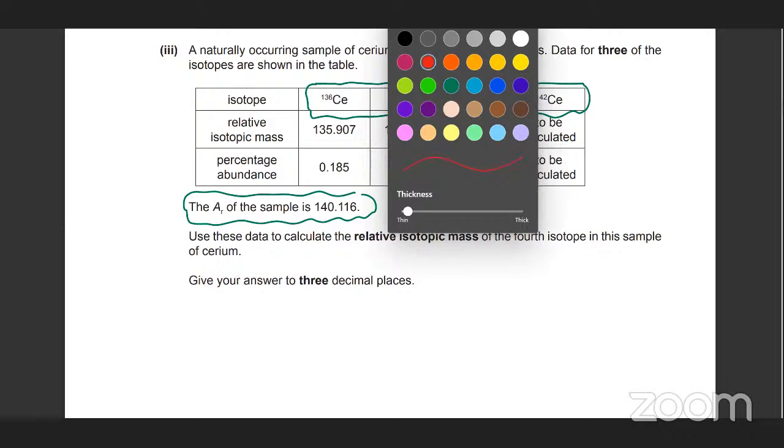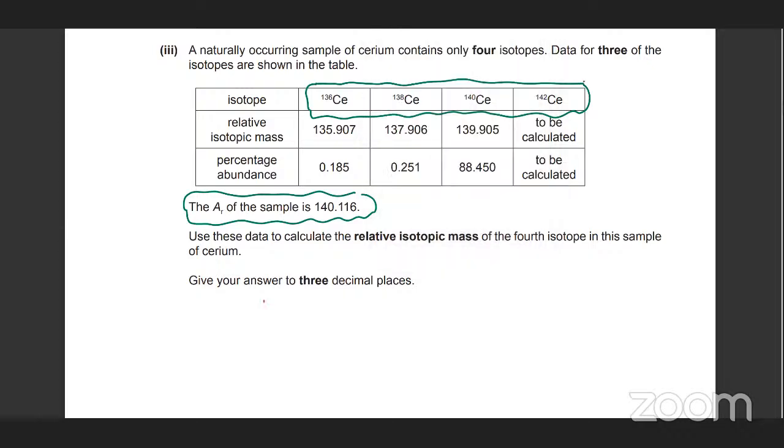What's the formula? You're going to take the percentage abundance and multiply it by the isotopic masses, and you're going to keep summing them up. So you have an isotope which has a mass of 135.907.